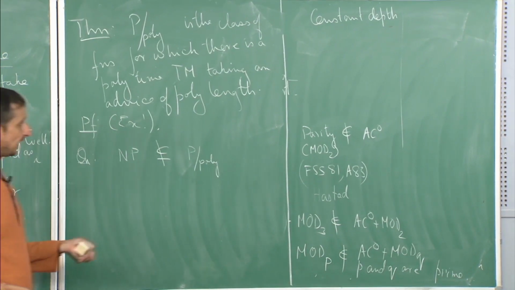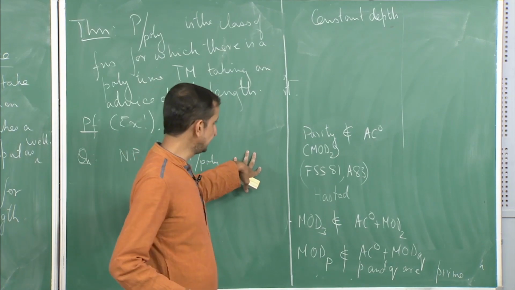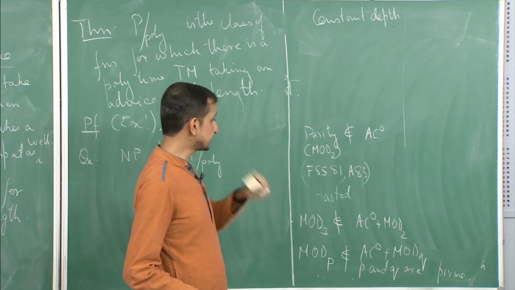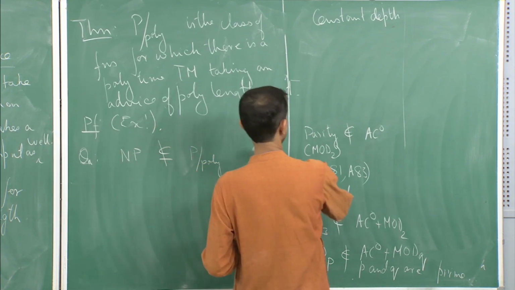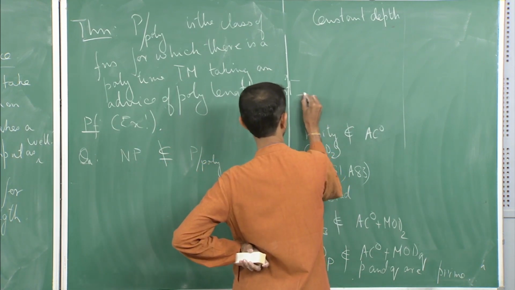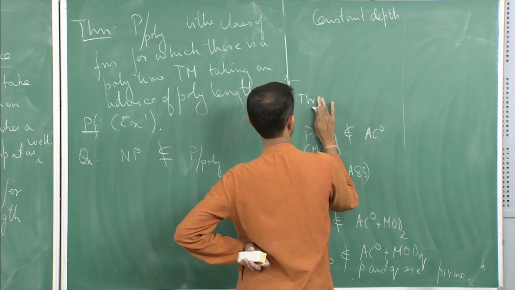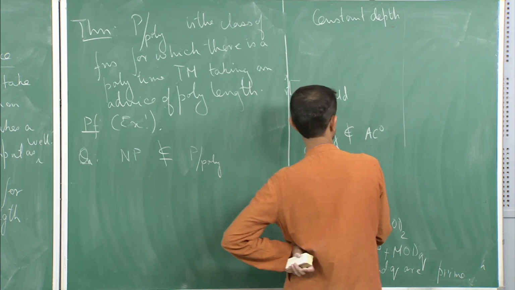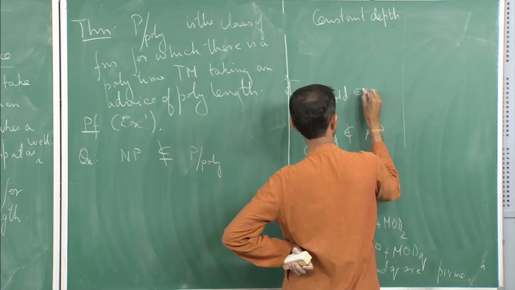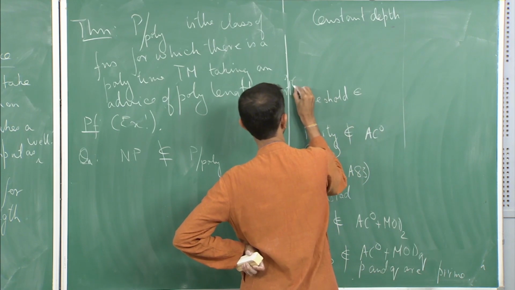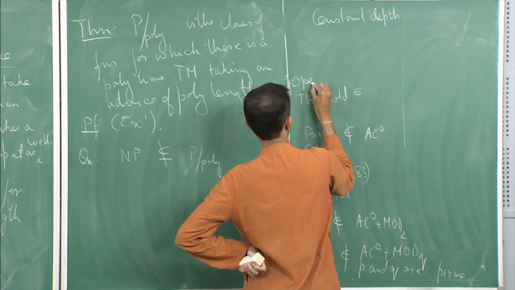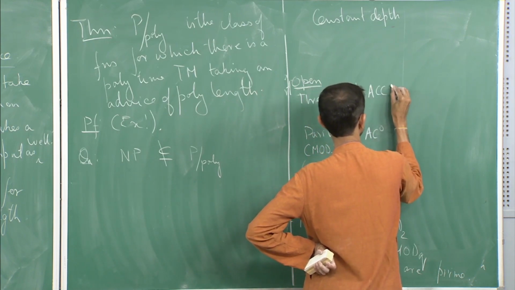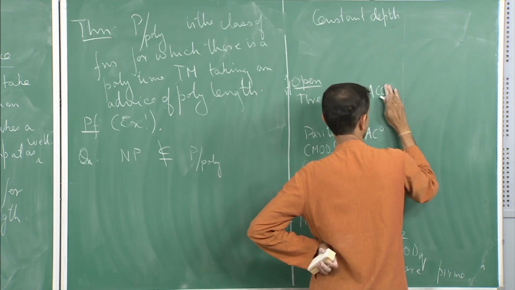So, Barrington posed this open question: if you look at the threshold function, okay, so this was an open question, is threshold function not in this class ACC?